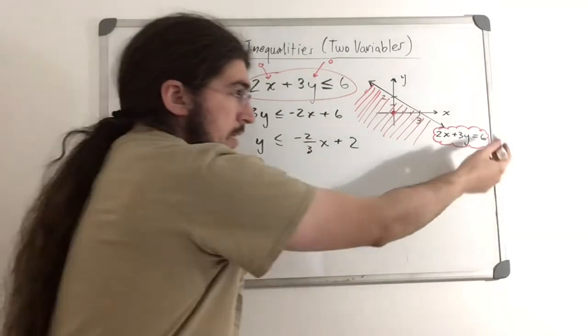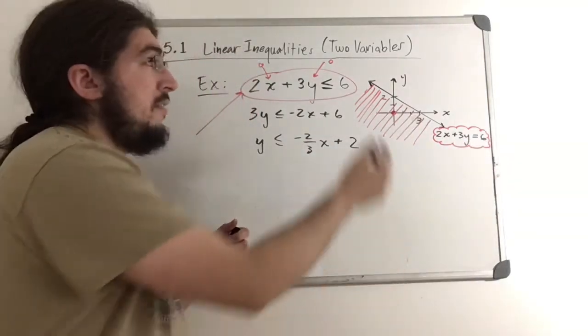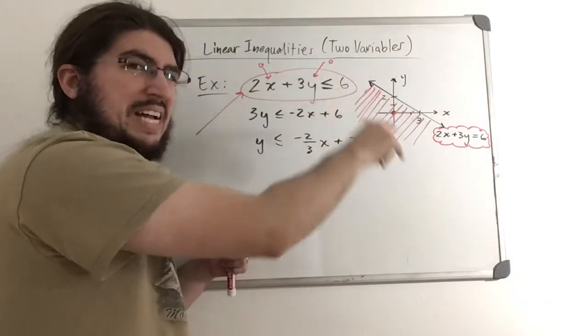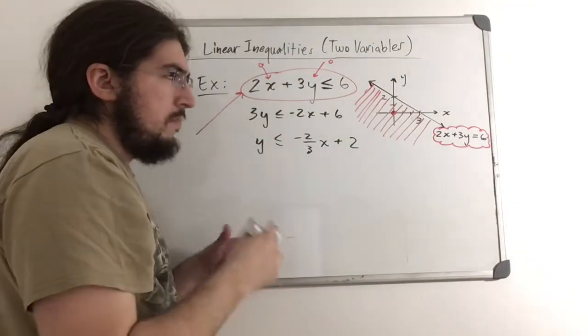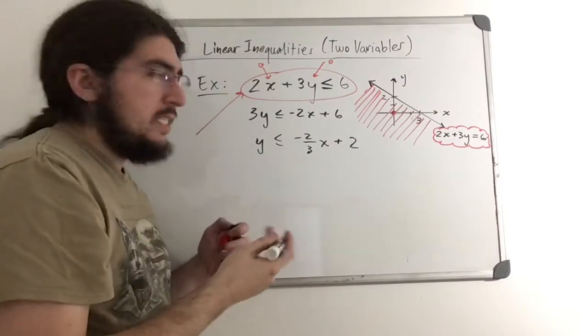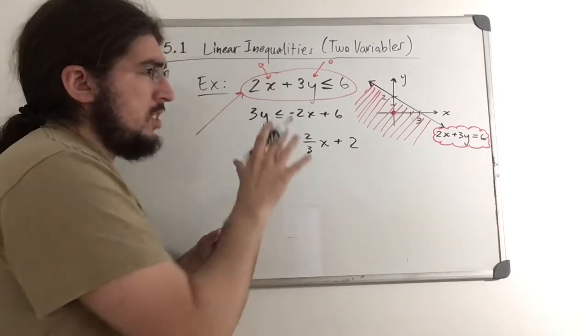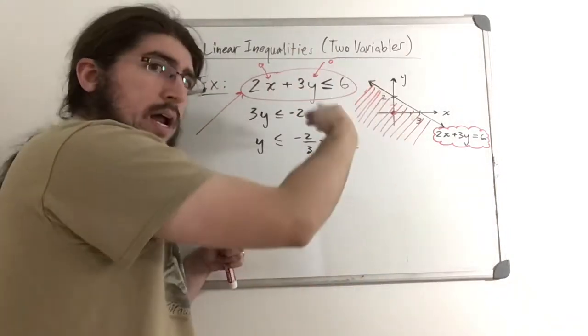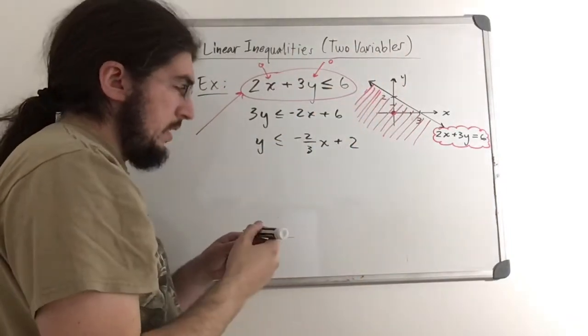So namely, this line is going to be included. If it was not or equal to, then we would not include the line itself, so we'd have to dash it. I'll show you a few generalizations of this in a second, but for right now, just know that all we're doing is shading one side of a line, either the lower half or the top half, basically.